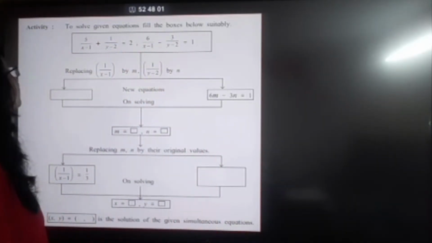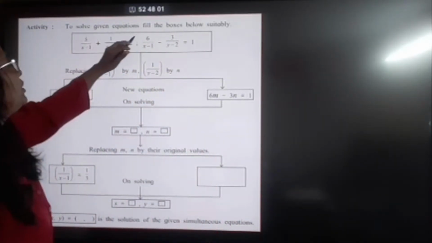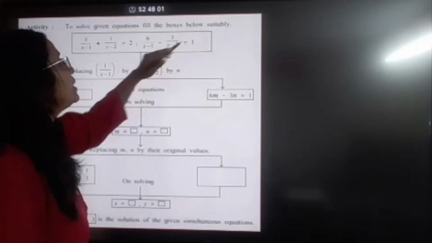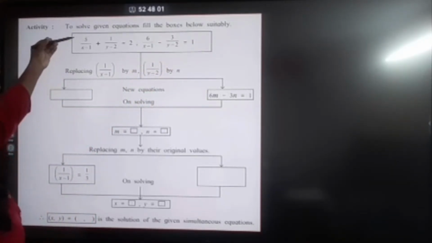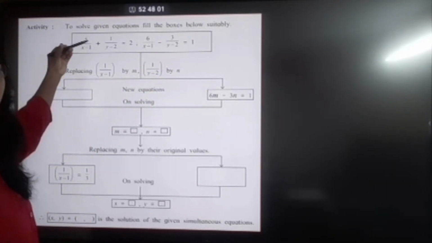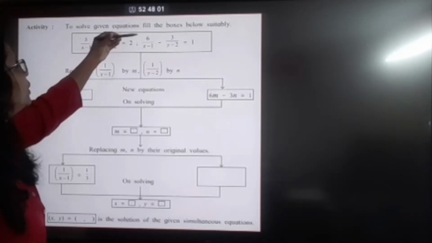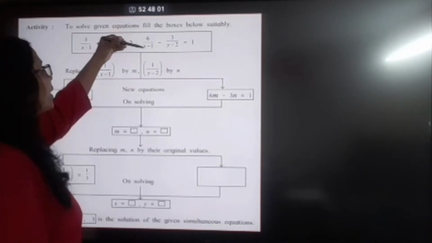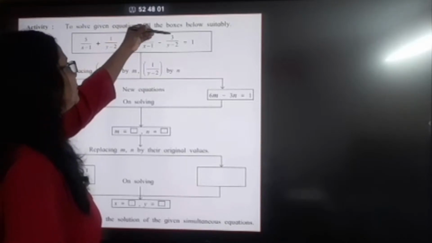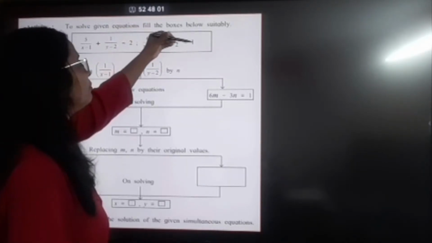So here to solve given equation, fill the boxes suitably. 5 upon x minus 1 plus 1 upon y minus 2 is equal to 2. Second one, 6 upon x minus 1 minus 3 upon y minus 2 is equal to 1.